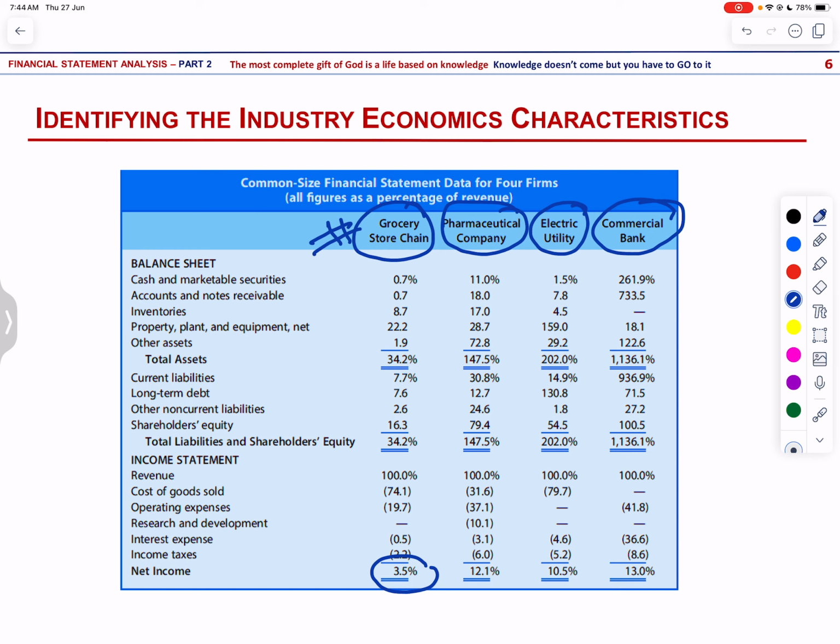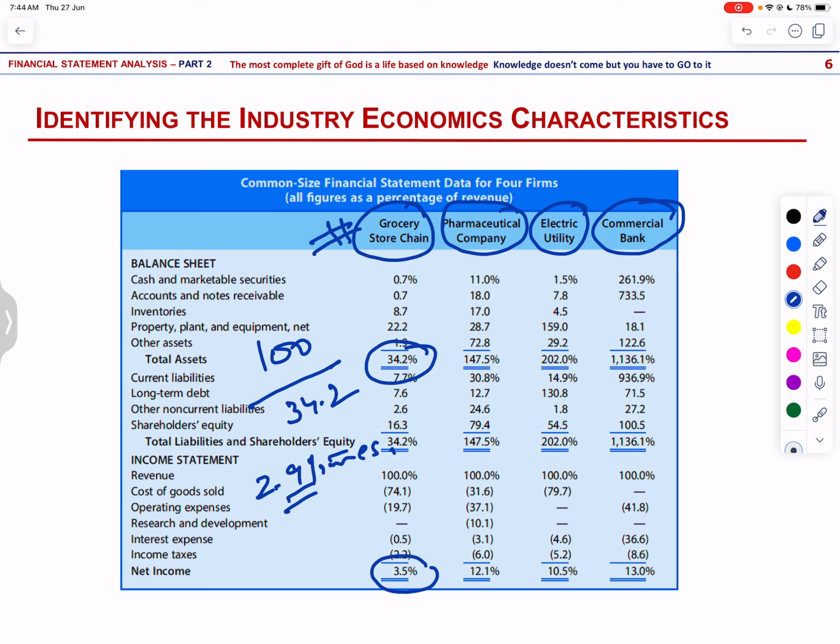Efficient asset utilization: 0.34 in assets generates $1 in annual sales. Assets turnover, that is 100 divided by 34.2, is 2.9 times, that is each dollar in assets generates $2.9 in annual revenue.